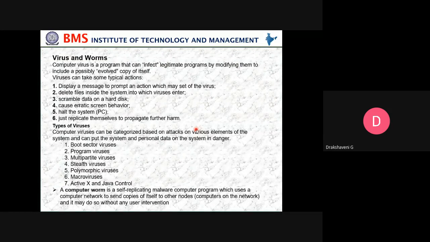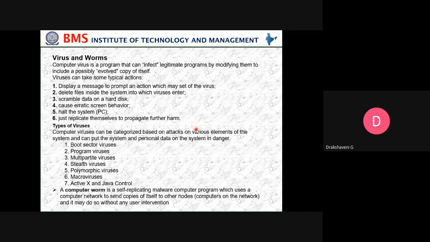Then types of viruses. Computer viruses can be categorized based on attacks on various elements of the system and can put the system and personal data in danger. Then boot sector virus, program virus, multipartite viruses, stealth viruses, polymorphic viruses, macroviruses, ActiveX and Java control.